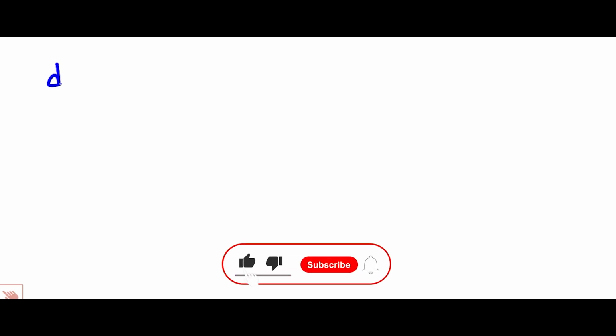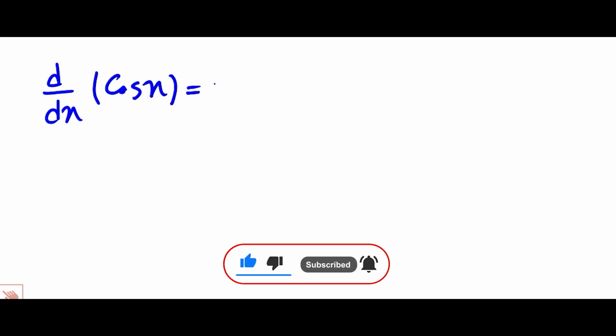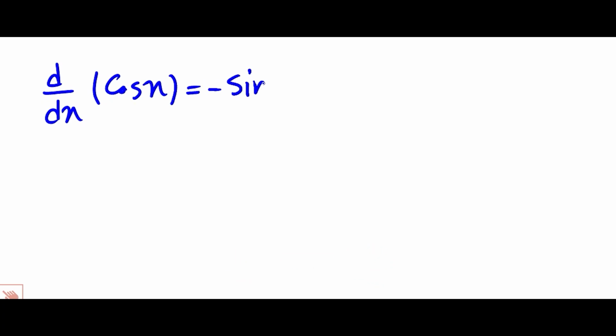Let's start with the standard integrals. Number 1, integral of sine of x. We know that the derivative of cosine of x equals negative sine of x. So to get sine of x, we need a negative sign.